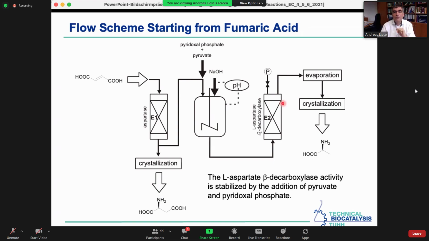And remember, residence time was defined as volume divided by flux. So if we have the same flux through the reactor, because the pump generates a flux in liters per hour, but the liquid volume with our reactants is decreased, the residence time becomes shorter because it's volume divided by flux.